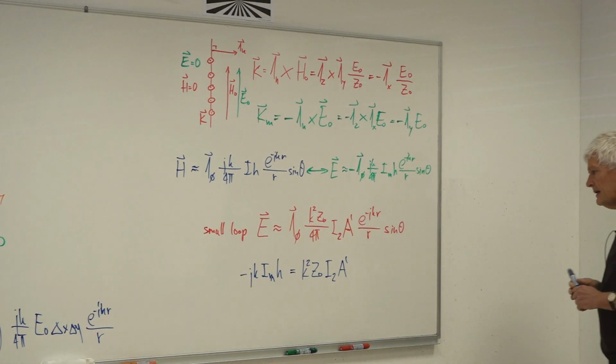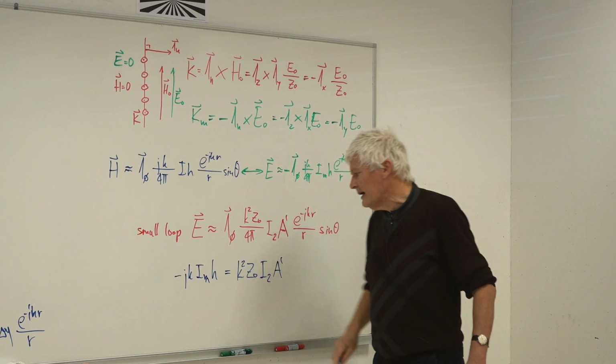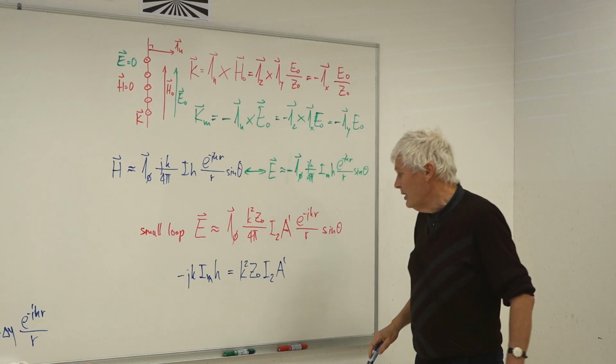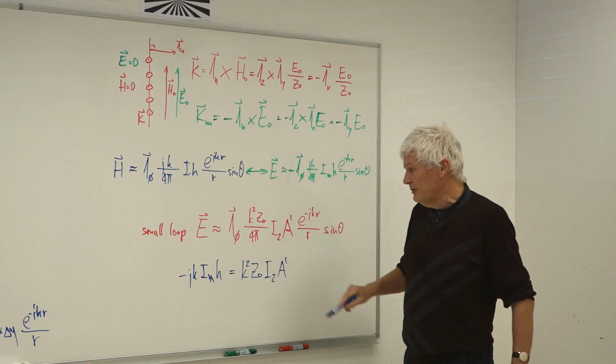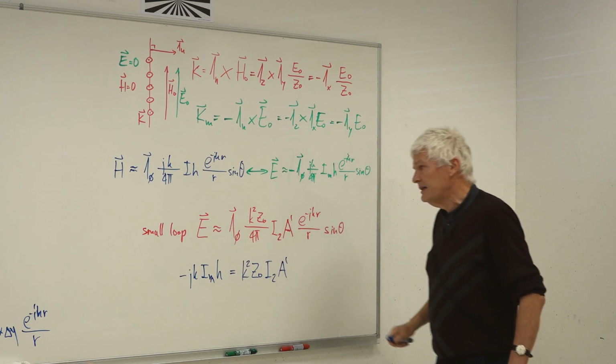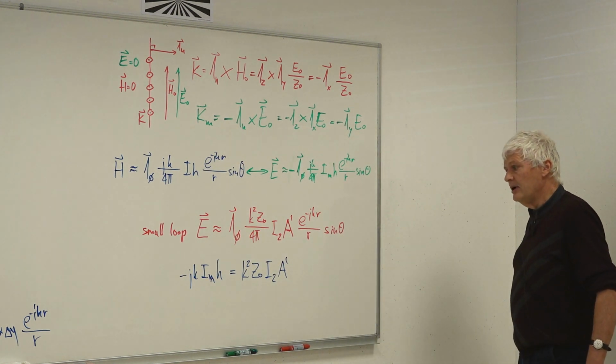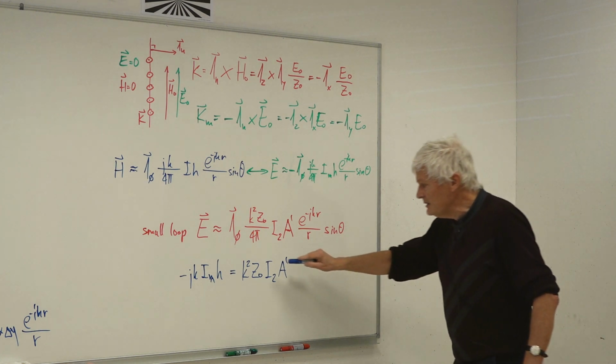If we replace our nonexistent magnetic current, magnetic dipole, with a real-world magnetic dipole, a small loop is a real-world magnetic dipole, we can do it with real physical quantities.